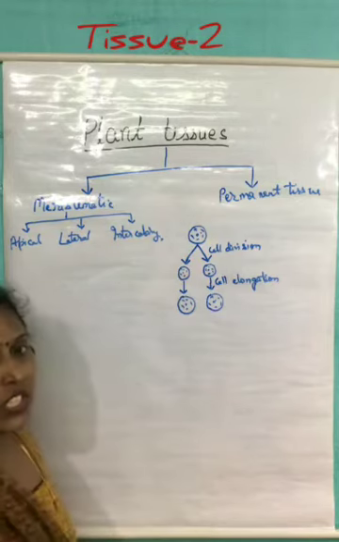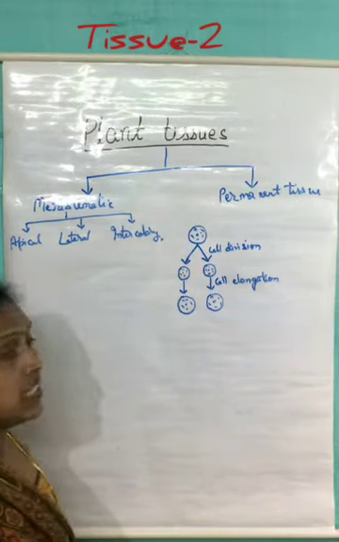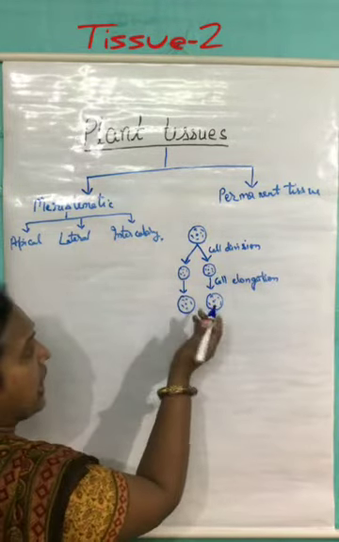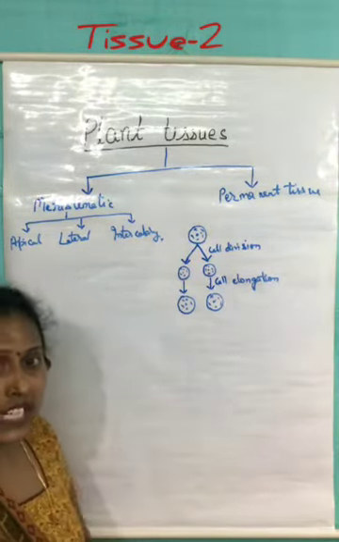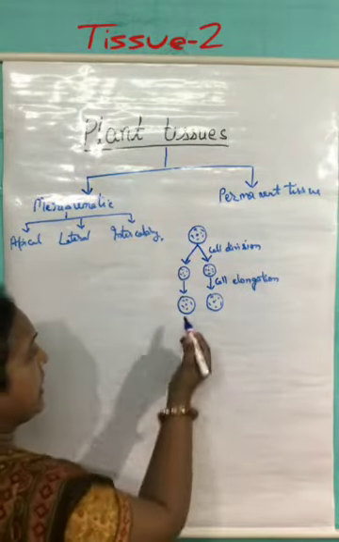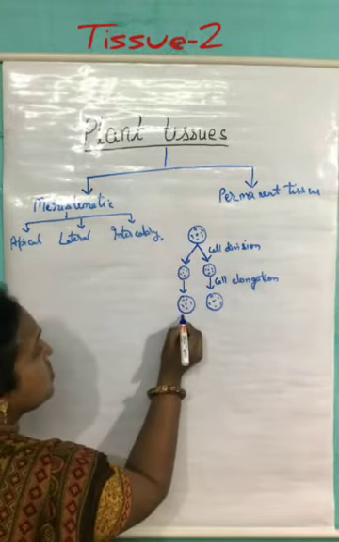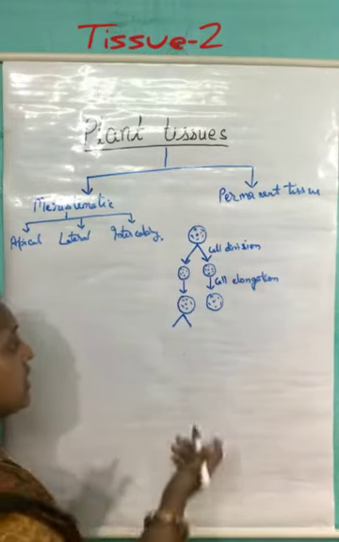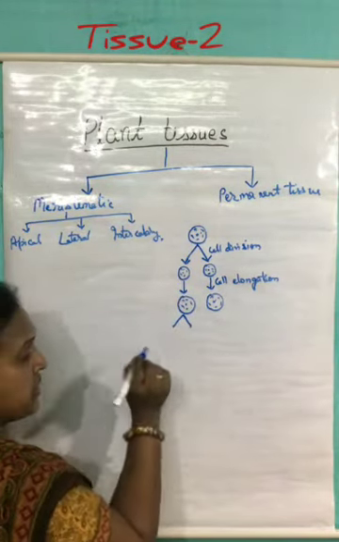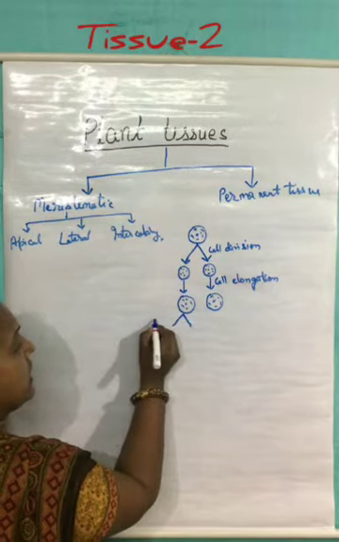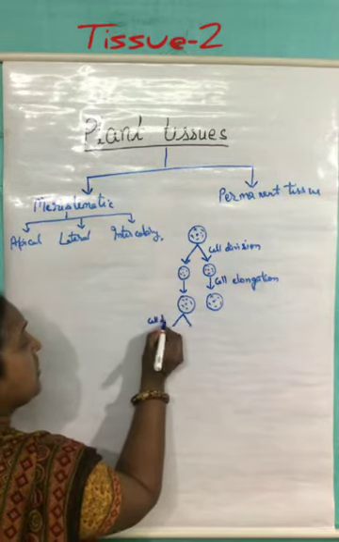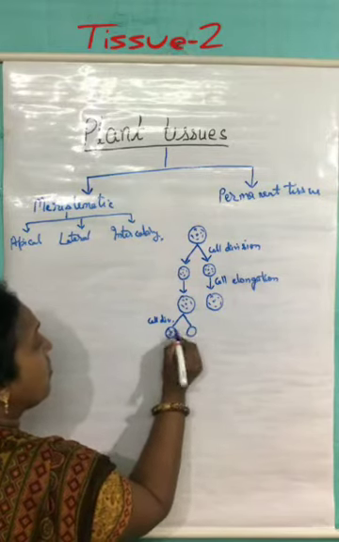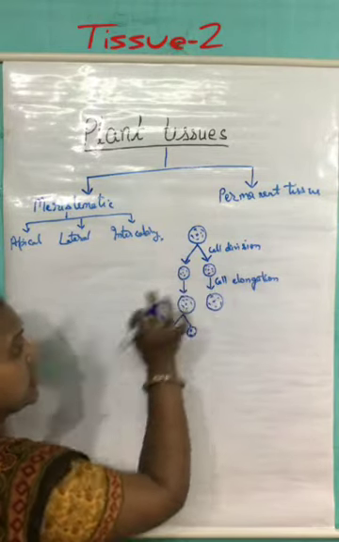Now they become mature. After this, the cells may retain the capacity to divide, and they can further undergo cell division. That means after attaining maturity, if they retain their capacity to divide, then they can undergo cell division and lead to the formation of new cells, as we have discussed.